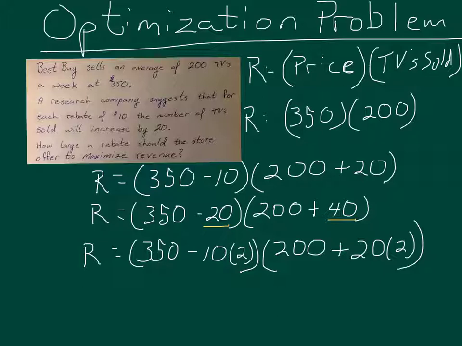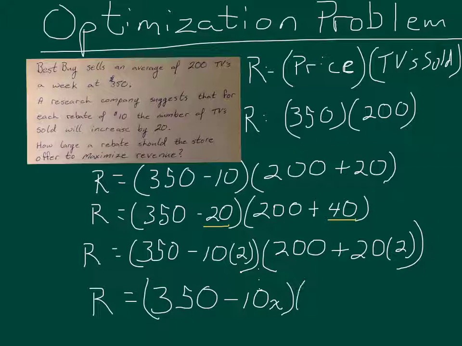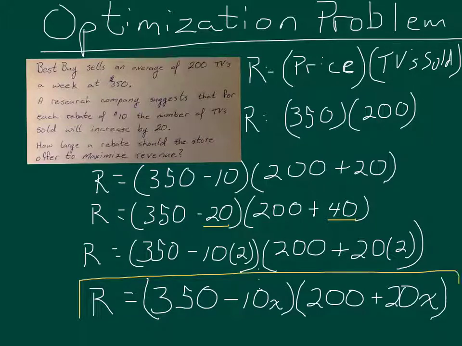If we follow this pattern through and make x number of changes, we can get a revenue of 350 minus 10 for every change that we make, and TVs of 200 plus 20 for every change that we make. This becomes the formula that we're going to be working with.